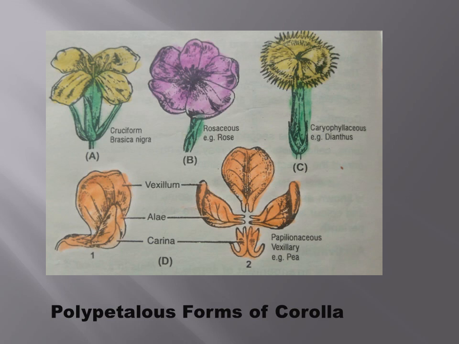C is the caryophyllaceous, that is Dianthus. And D is the papilionaceous, present in the pea plant. So these are the different shapes of the polypetalous corolla present in different flowers. I will explain all of these types one by one later on.